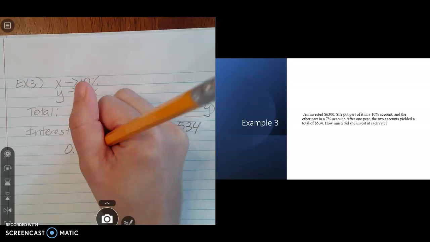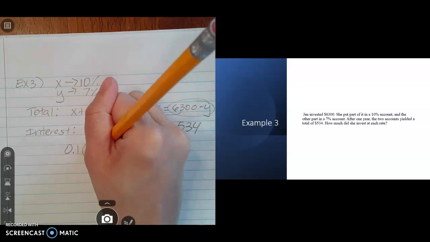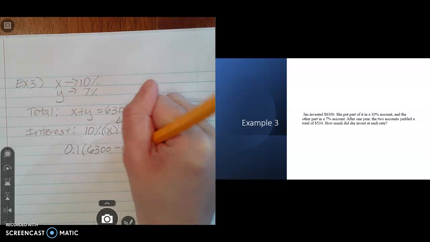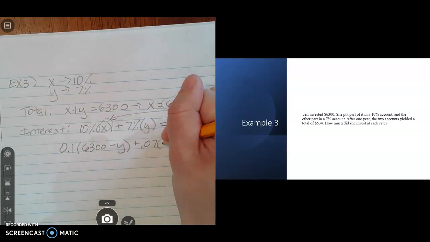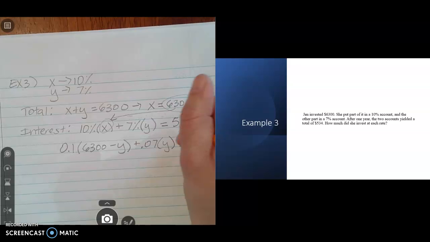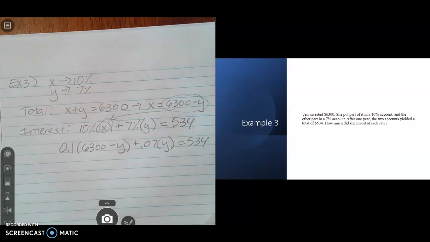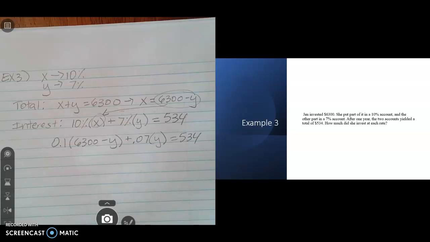For the x, I'm going to substitute 6,300 minus y. 7% as a decimal is 0.07, and that's multiplied by y and equals 534. So now I have one variable with one equation, which is a lot easier to solve.